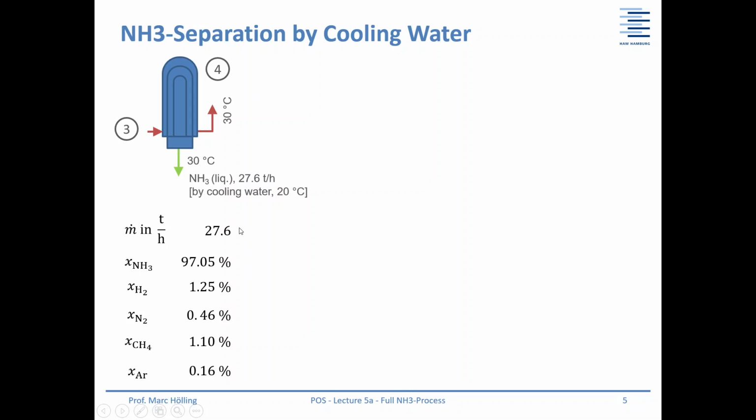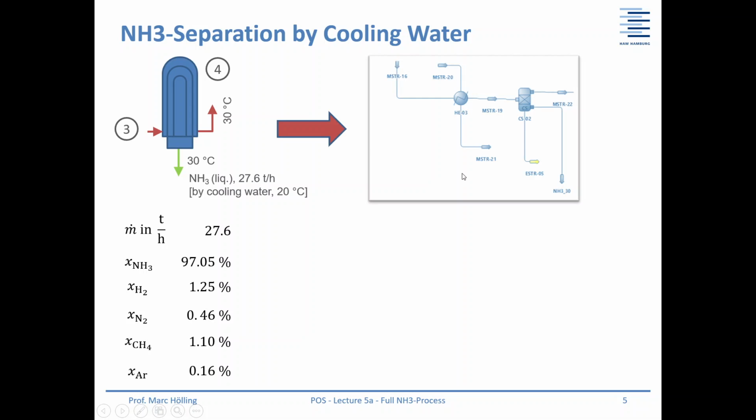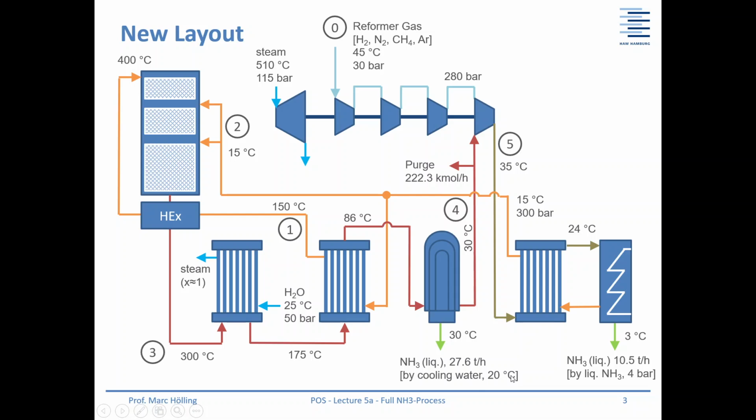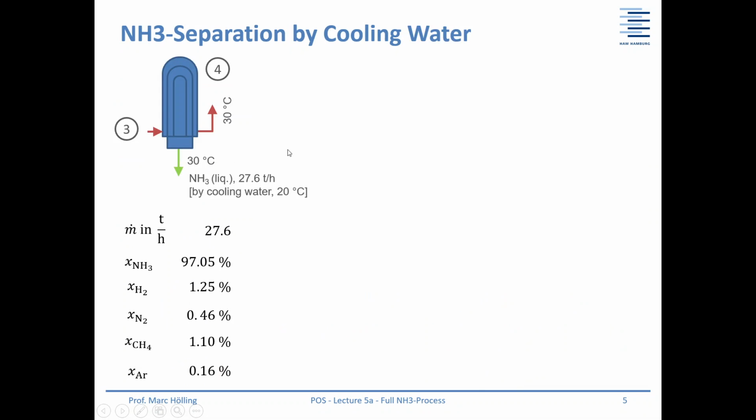And somehow you have to implement it in DWSIM. The way I did it was to first say, okay, let's cool it down to 30 degrees Celsius. This is done by cooling water with the inlet temperature of 20 or 25 degrees Celsius. I think it was given here. It's cooling water with 20 degrees Celsius.